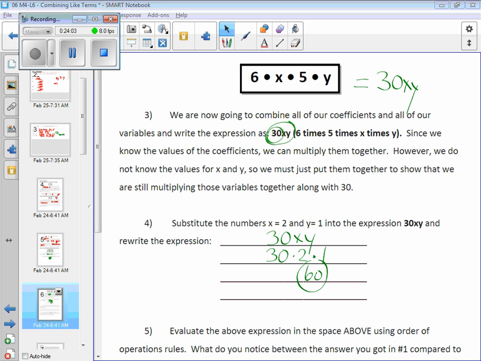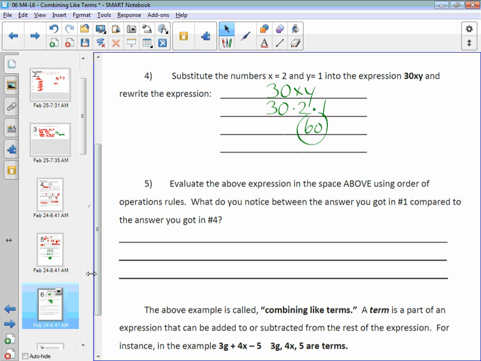We'll always test the new expression by substituting in whatever numbers for the variables. We've already talked about it, but let's write it down. What did you notice between this answer and the answer from the previous page? They are identical.